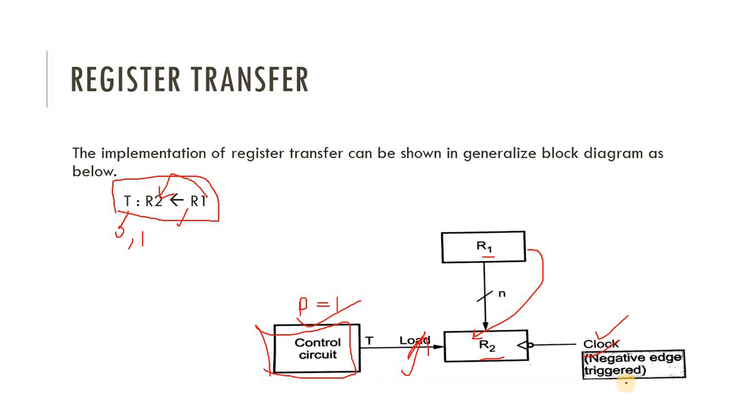After the transfer, the clock pulse becomes negative and the control function becomes 0. So this is how data is actually transferred, and this is how we can represent it in the block diagram. Here N means R1 and R2 are N-bit registers. Suppose it is a 4-bit register, so we can write a 4 here. So this is how you can draw the block diagram of the given statement.